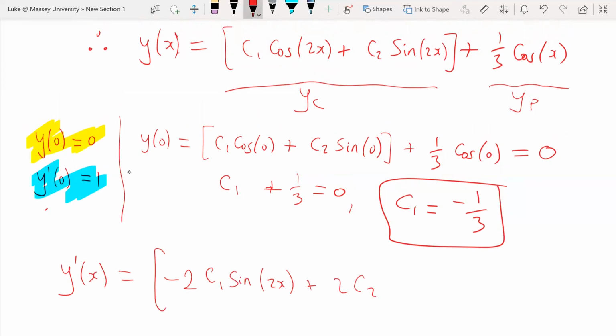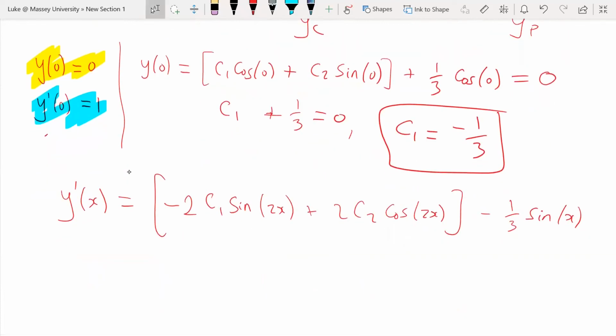The first one should be sine, and the second one should be the cosine. c1 of course is negative 1/3, so if I replace c1 with minus 1/3, I get positive 2/3.